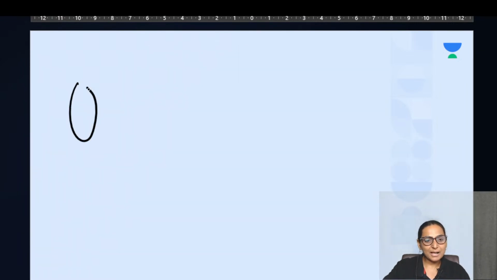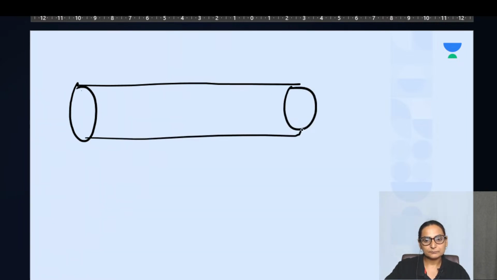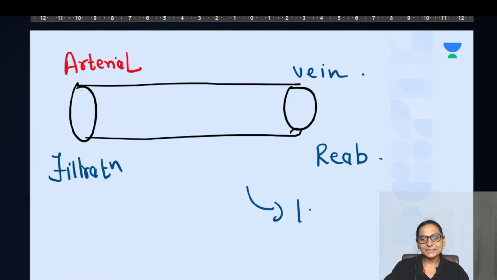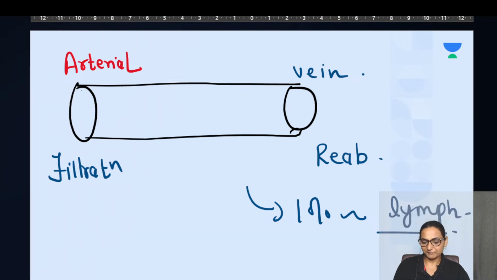Now, when you speak of your capillaries, this is your arterial end of capillary and this is the venular end of the capillary, and there has to be filtration over here and there has to be reabsorption over here, and the 1% that is remaining will be taken care of by the lymph.